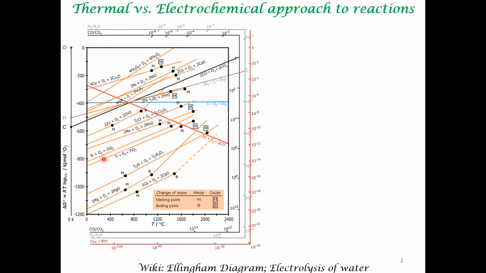For example, if you take this reaction, on the reactant side, that is titanium and oxygen, oxygen is present in the gas phase and there are no gas phase products.